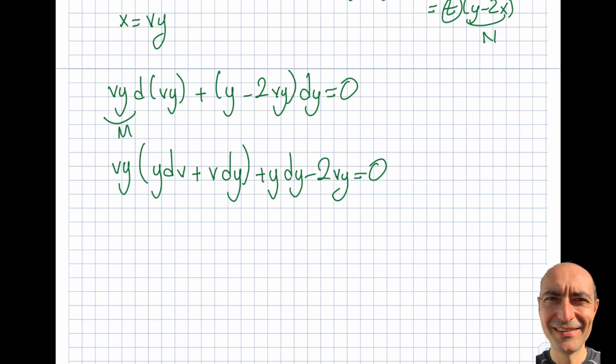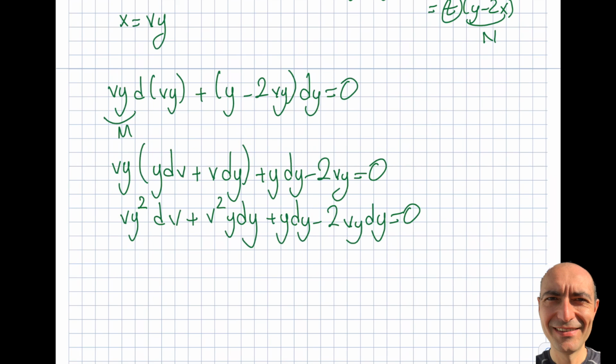So let me write the first parenthesis: vy squared dv plus v squared y dy plus y dy minus 2vy dy is equal to 0.